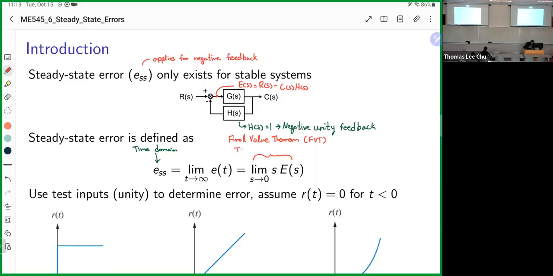This is from table 2.2, property number 12 on your Laplace transform table. So basically, you can find the value of a system at time equal to infinity by taking this definition here.